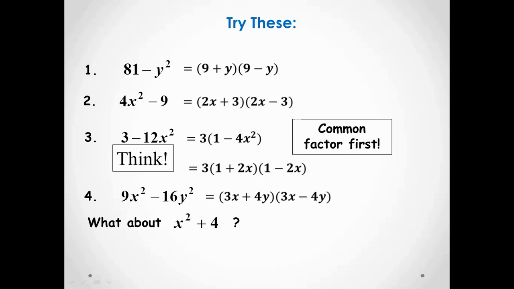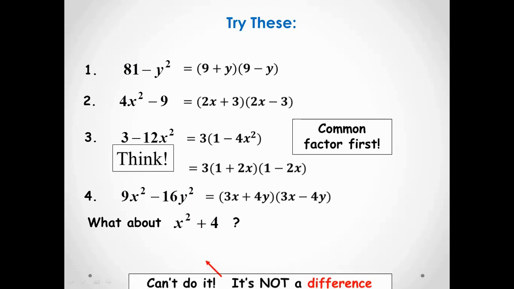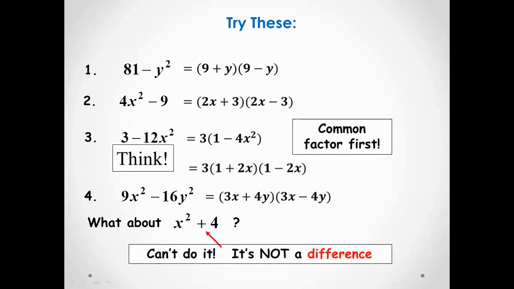Even though we know that x squared is a perfect square and 4 is also a perfect square number, remember we also need to look at the sign that comes between them, and in this case it's an addition sign, so this cannot be factorized using the difference of two squares. As a matter of fact, it cannot be factorized.